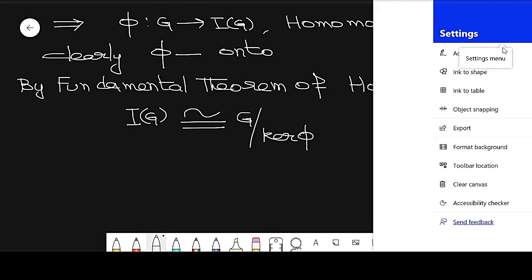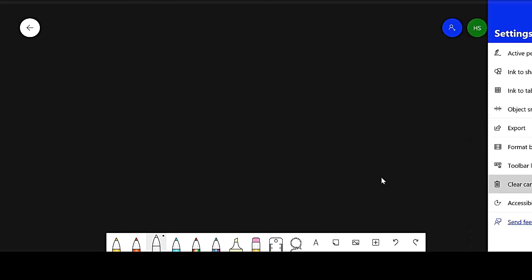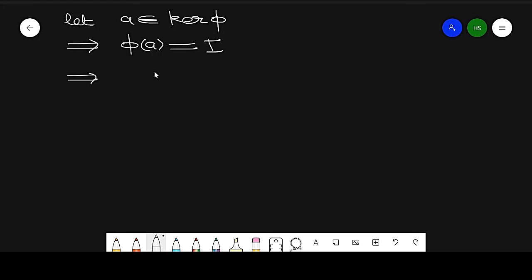So to prove it, let a belongs to kernel of phi. It implies phi of a is equal to identity. What does it mean? f_a is equal to identity.